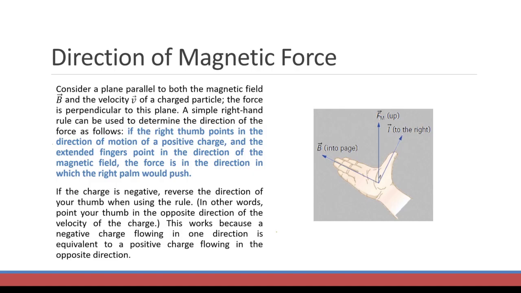So we've come up with a way to get the magnetic force magnitude, but what about its direction? Consider a plane parallel to both the magnetic field B and a velocity v of a charged particle. The force is perpendicular to this plane.